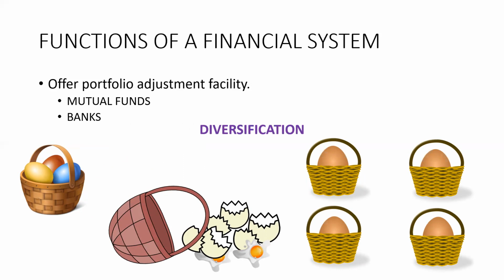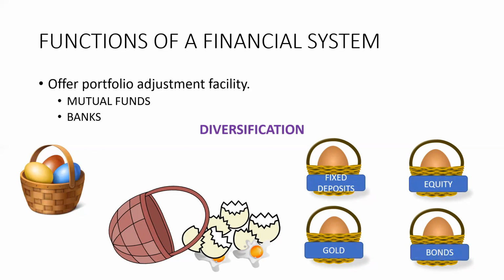If we keep all our investments in only one particular instrument or security, we will lose all our money if our security price falls. But we can diversify our investments by investing in various options such as fixed deposits, equity, gold, and bonds.